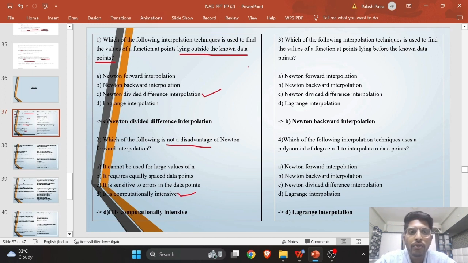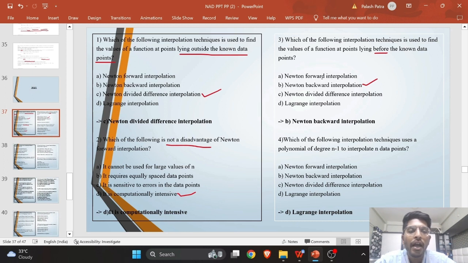Now let's move on to the third question. The third question says, which of the following interpolation techniques is used to find the value of a function at points lying before the known data points? Here we use the Newton backward interpolation, as we know that we use it to find the value of the function before the known data points.